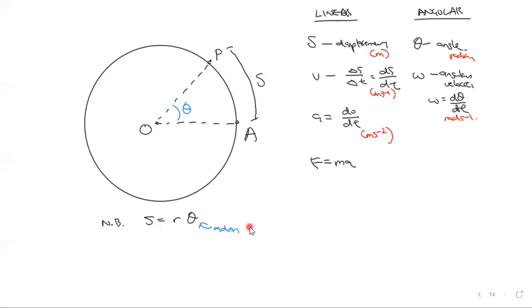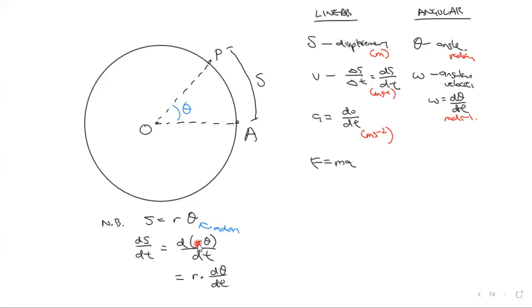And so if we then differentiate S with respect to t, it will be differentiating R theta with respect to t, right? Now, for a circle, does R change? No. So therefore that will just be R times d theta dt. Agreed?